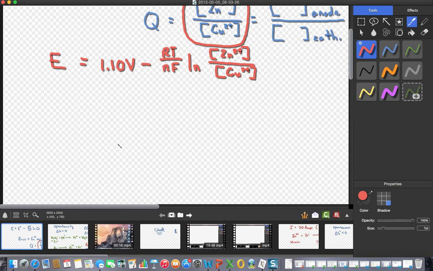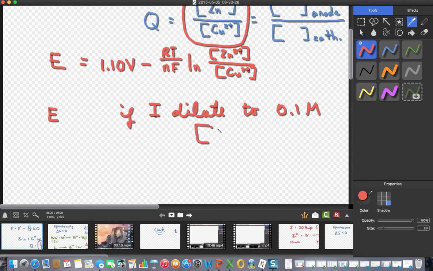So why don't we look at what happens to E as compared to this 1.10 volts, which is what it would be when I use 1 molar solutions, if I dilute the zinc solution, let's say I dilute it to 0.1 molar.